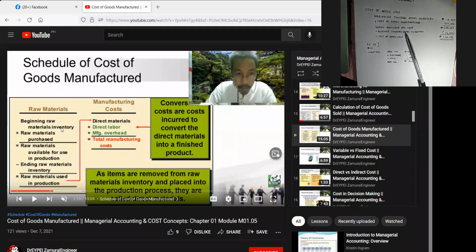Beginning raw materials, purchase raw material, withdrawn raw material, then raw material used. That is the direct materials. Then calculate all the labor cost, and then calculate all the manufacturing overhead, and then total these three. You have the total manufacturing cost.